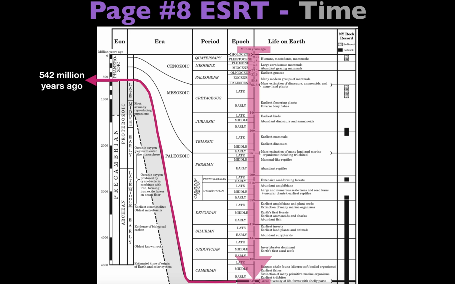So the rest of pages 8 and 9, all the other columns that we're going to look at, only represent 542 million years of Earth's history, because again, we're only focusing on the Phanerozoic eon and the 3 eras that encompass that eon.